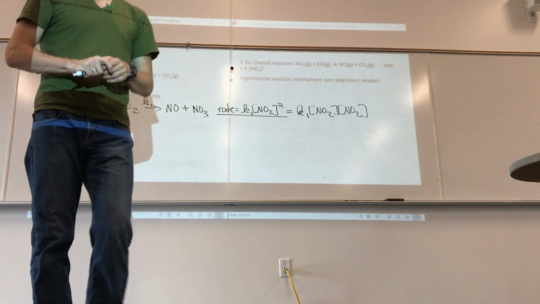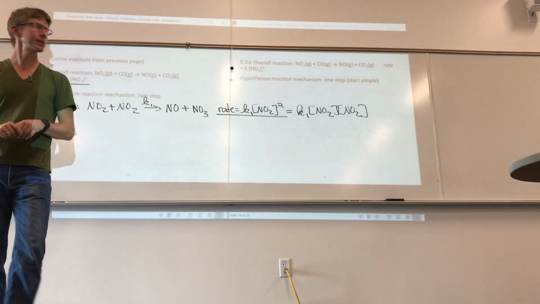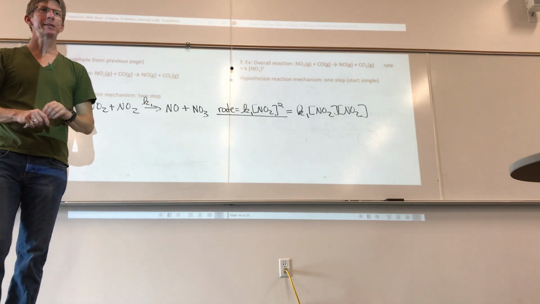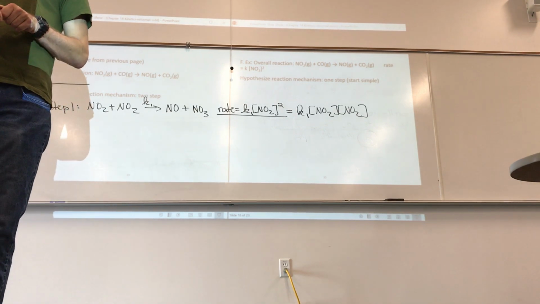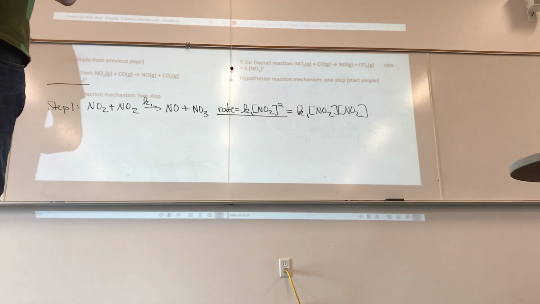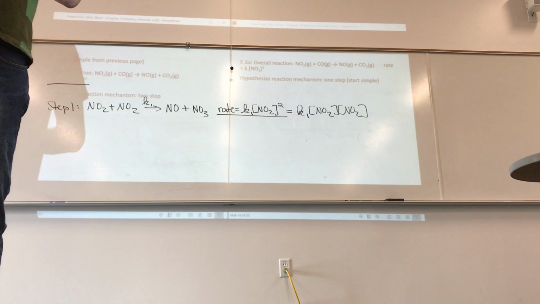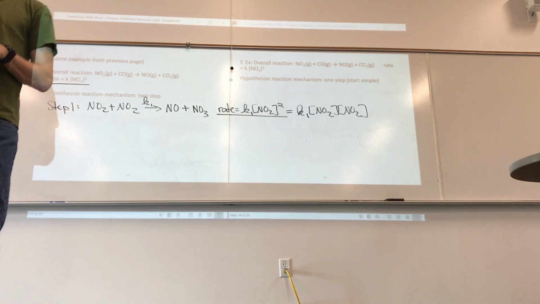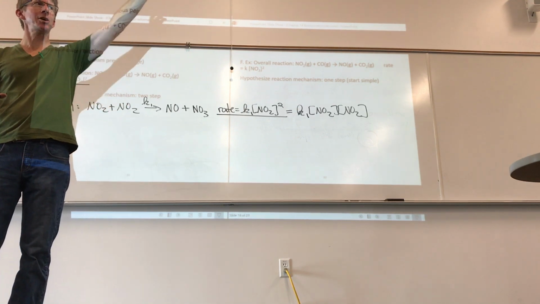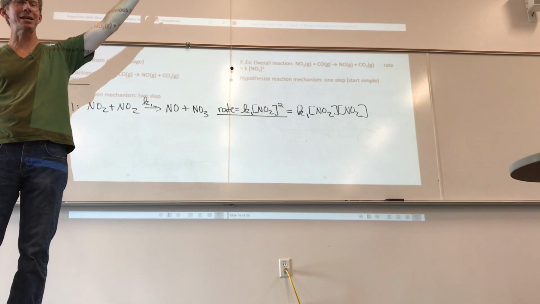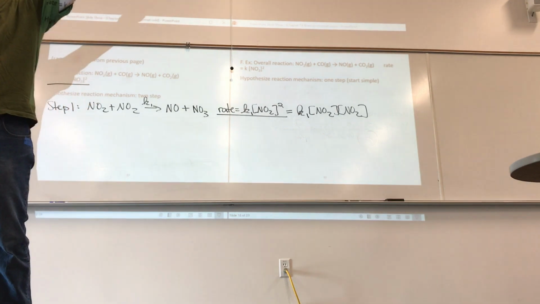Marissa? We canceled out the O because it was an intermediate. How do we know it's an intermediate? Because we saw it on the product side and then we saw it on the reactant side. That's really why we canceled it out.